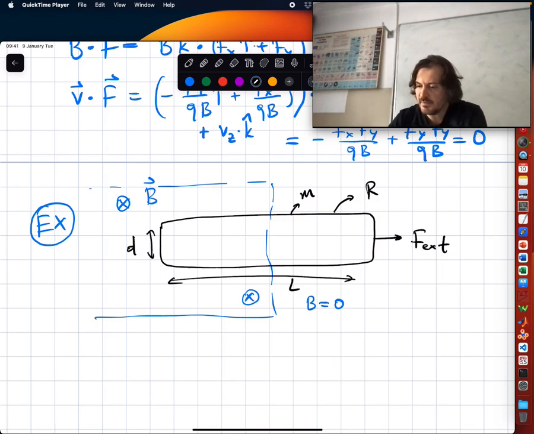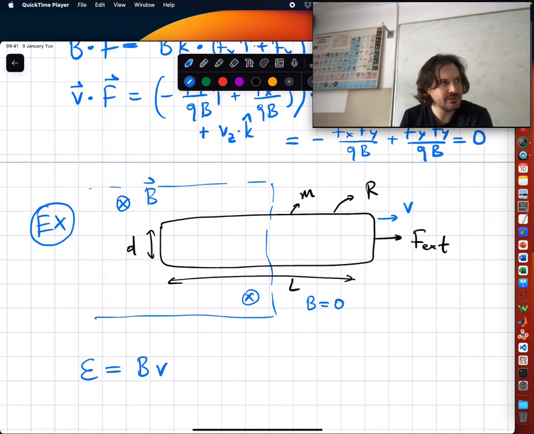So what is the induced EMF here? It's BvL, right? Don't write it like that immediately, but we have done it too many times now. It's Bv times d.